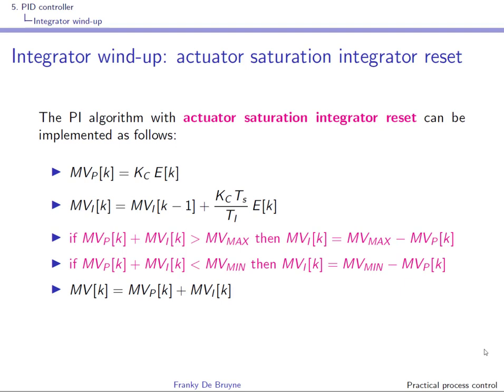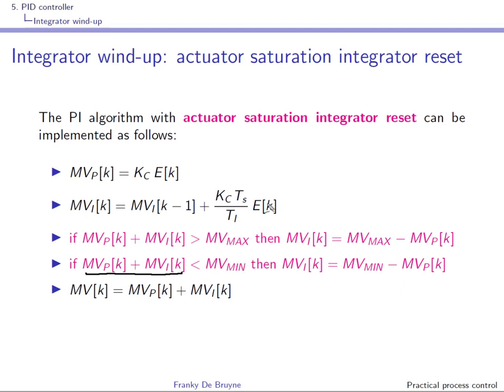Well, you will have an MV here that will be MV max, and there is something similar, of course, if the proportional part plus the integral part goes below the MV min value.